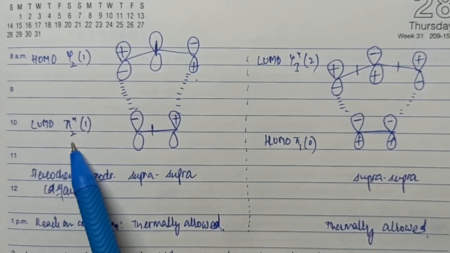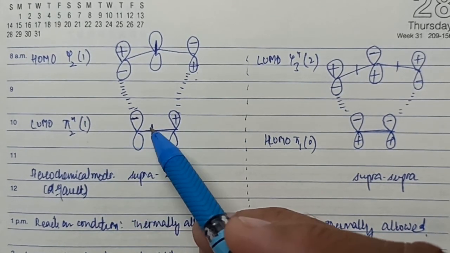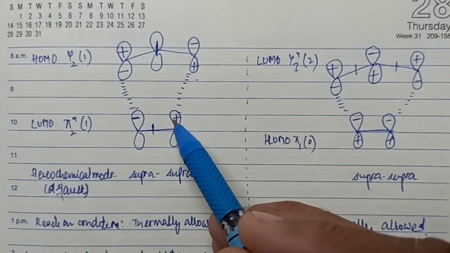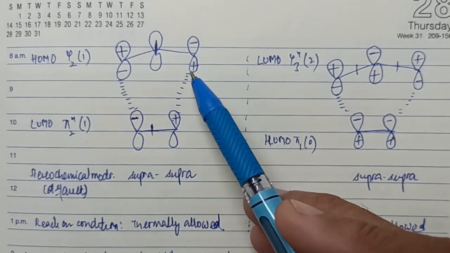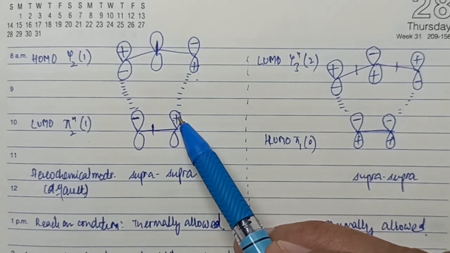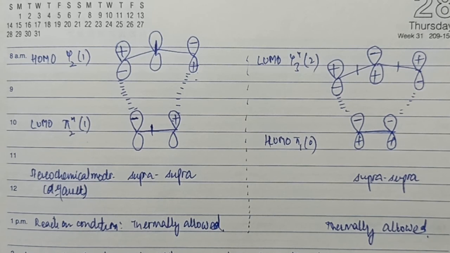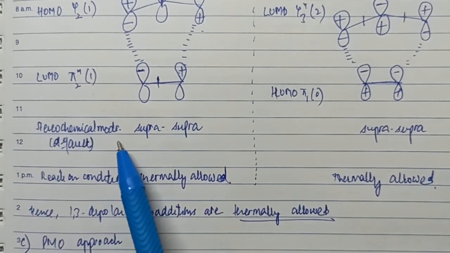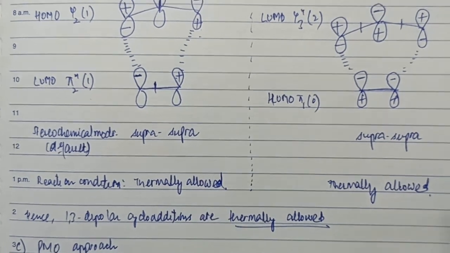And if you talk about LUMO, which is pi2 star, this is one node, there will be one node here, a negative and a positive here. And as you can see, this negative has a negative anti-bonding interaction here, positive interacts with positive in a bonding interaction. So suprafacial reaction on both components. The stereochemical mode, as I've told, is supra-supra. The reaction conditions would be thermally allowed.